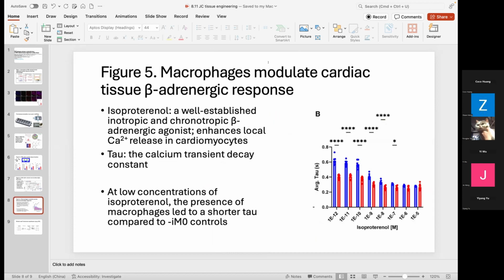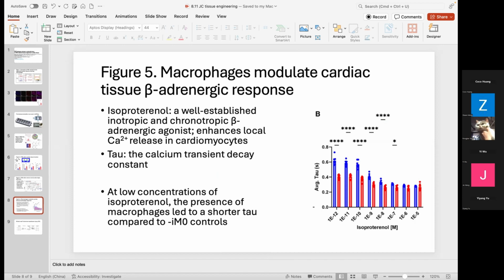And then to confirm that it is the beta adrenergic response that better modulates the cardiac tissue, they used isoproterenol, which is a kind of adrenergic agonist that can enhance local calcium ion release in cardiomyocytes to strengthen the signal within the tissue, so that they can see how much calcium is in each group of tissues.